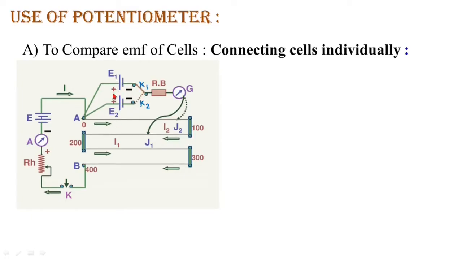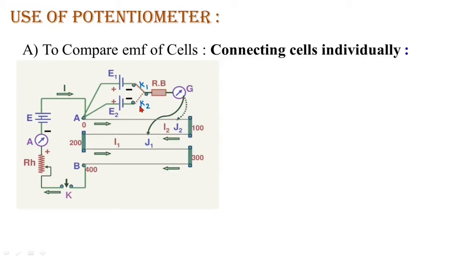The cells E1 and E2 whose EMFs are to be compared are connected with their positive terminals at point A and negative terminals to the extreme terminals of the two-way key K1 and K2.